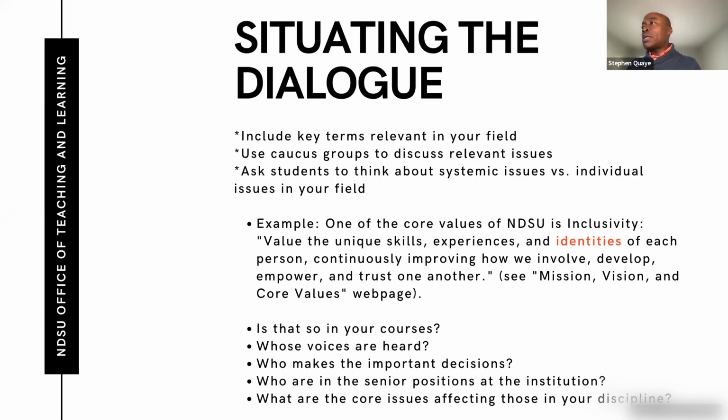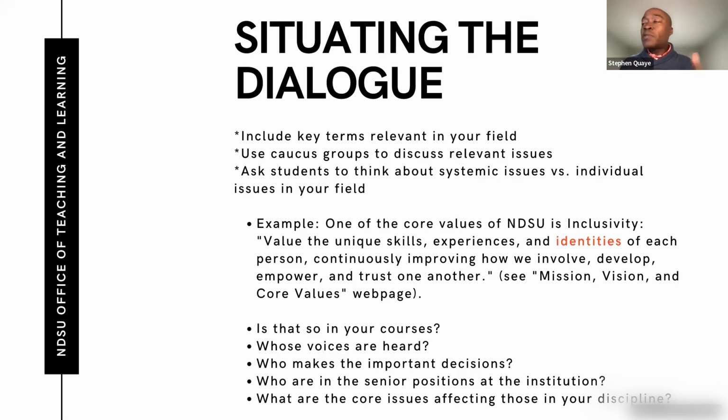Some examples here on my slide: one of the things I noticed when I was prepping for the talk is that your mission, vision, and core values have a focus on inclusivity, right? Value the unique skills, experiences, and identities of each person, continuously improving how we involve, develop, empower, and trust one another. Because this is tied to our mission and values, some key questions here are: to what extent is this mission reflected in your courses?